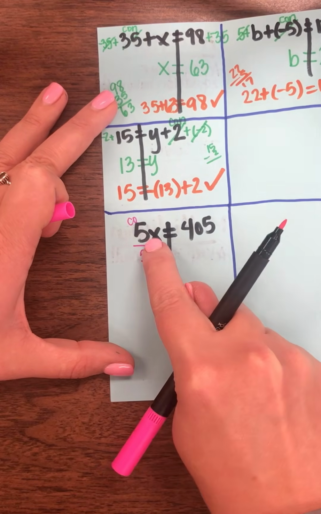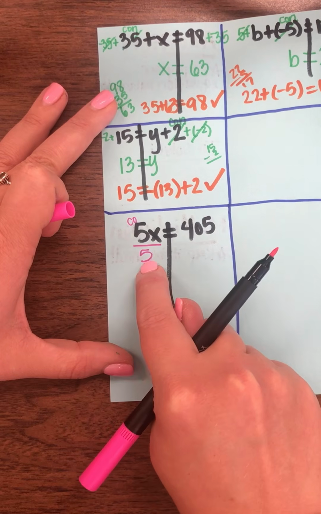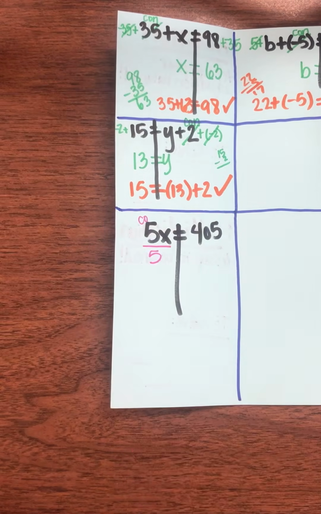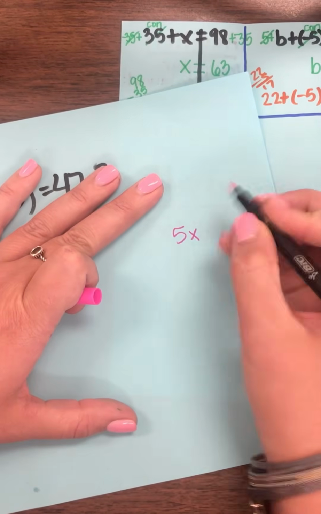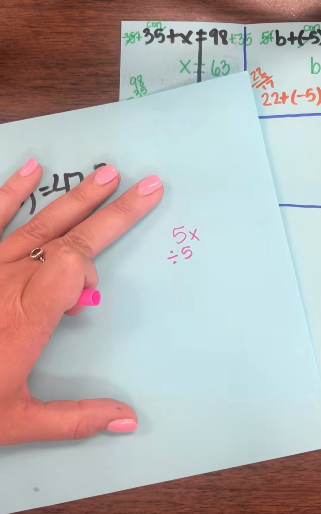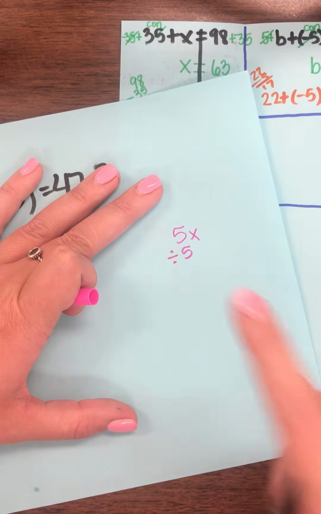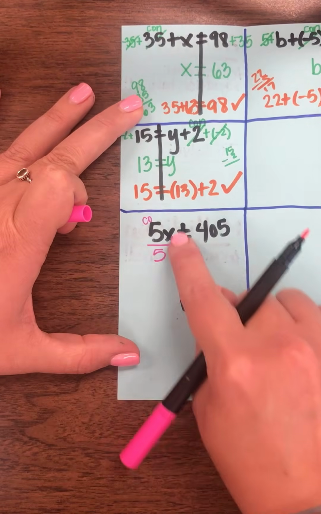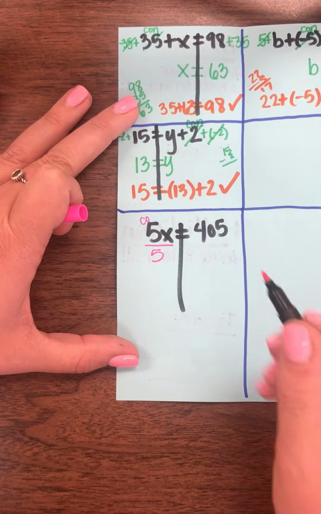So to get rid of multiply by 5, I'm gonna divide by 5. And we're gonna show that with a little division bar, like a fraction bar. We're not gonna write 5x divided by 5 anymore like this for equations, because this is really more of an elementary skill. This is what the algebraic step looks like, so that's why we're gonna do it that way, okay?